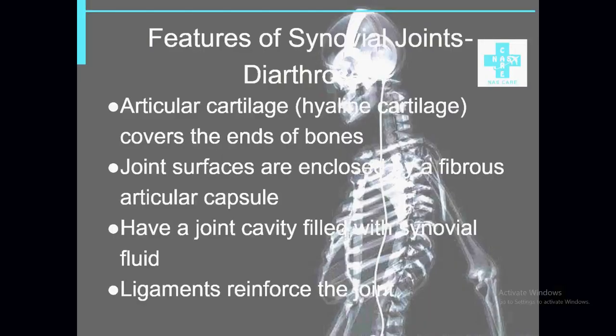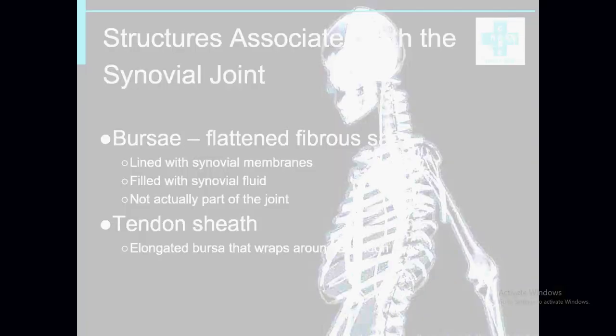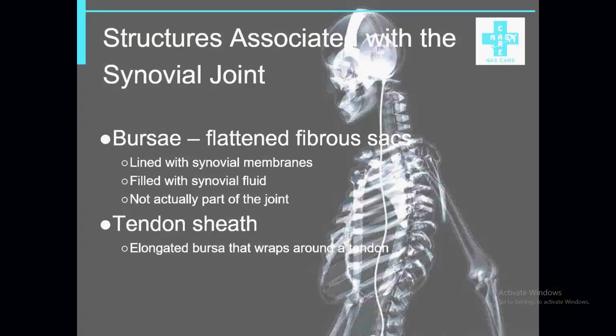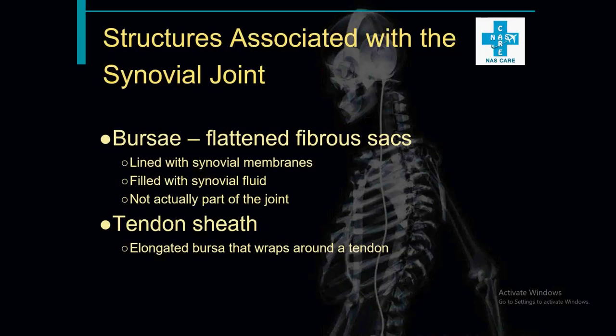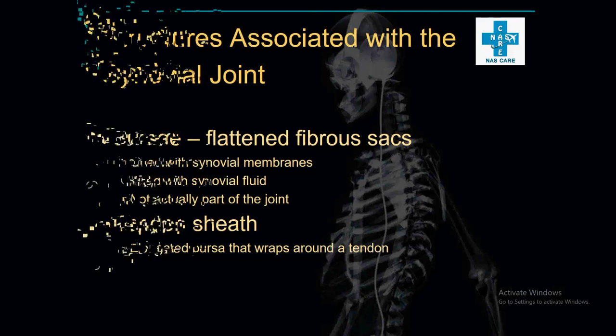Structures associated with synovial joints. A bursa is a flattened fibrous sac lined with synovial membrane and filled with synovial fluid, and it is not actually part of the joint. A tendon sheath is an elongated bursa that wraps around a tendon.